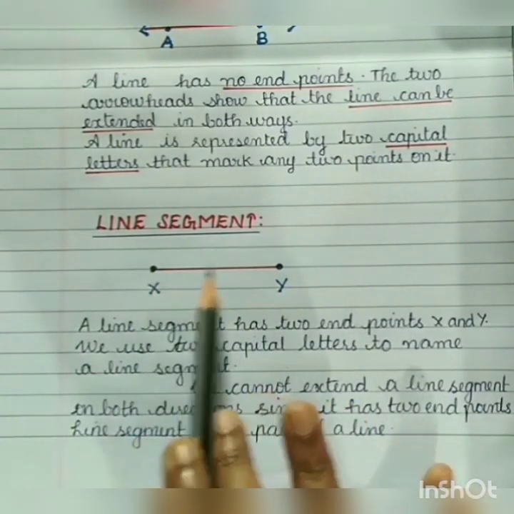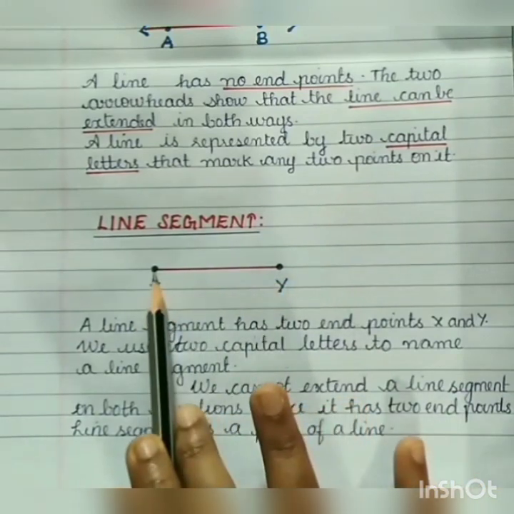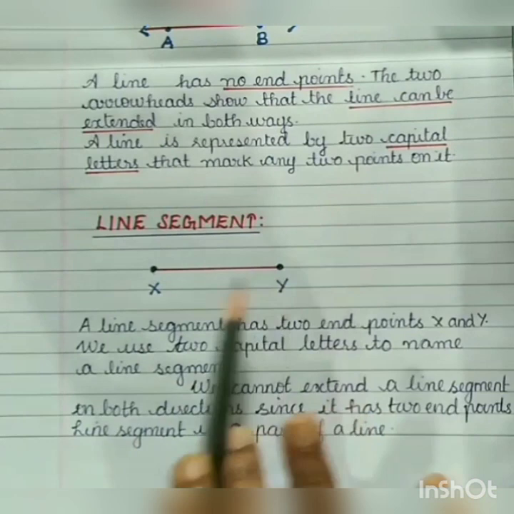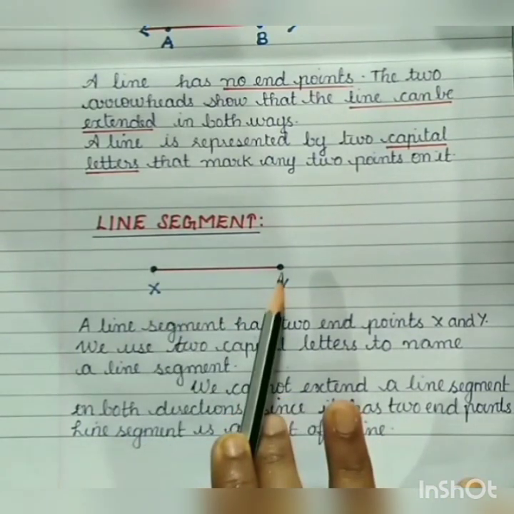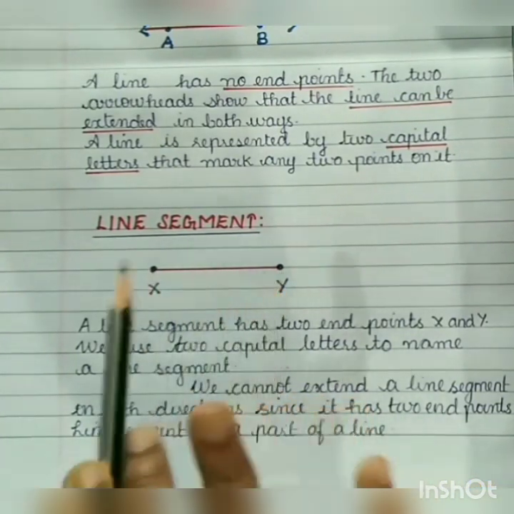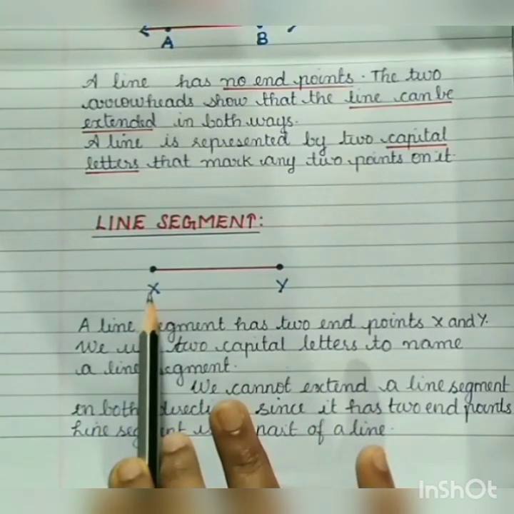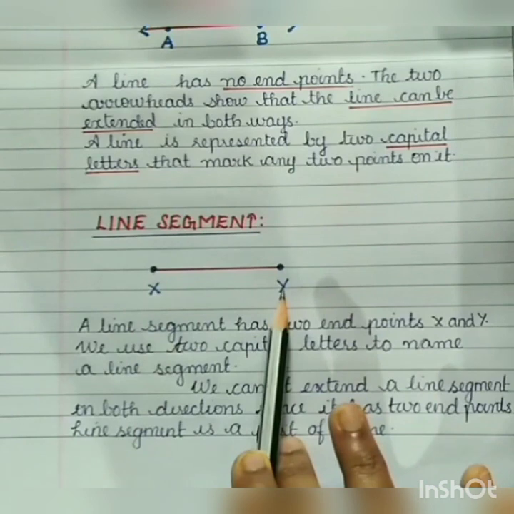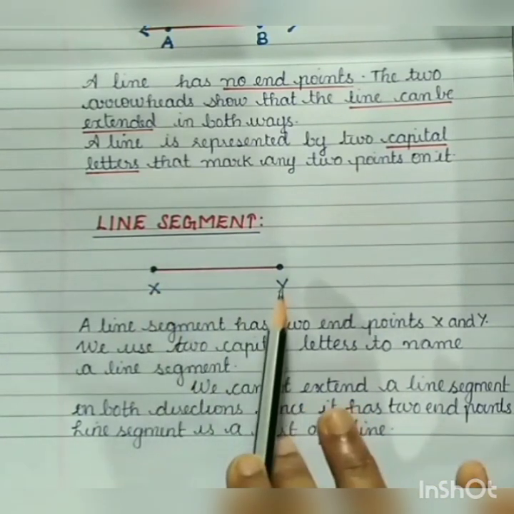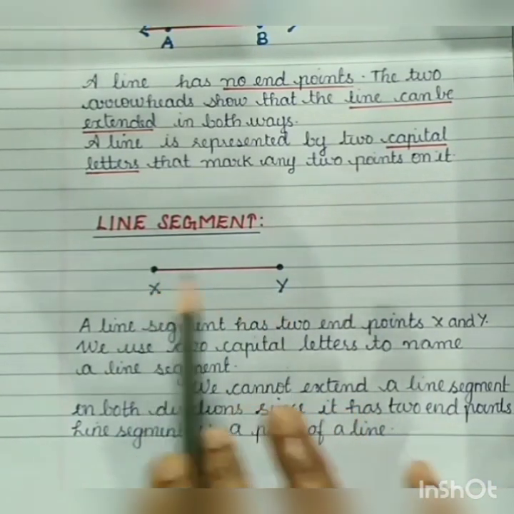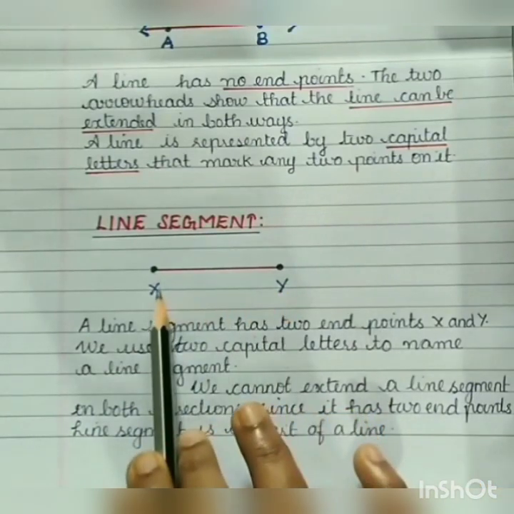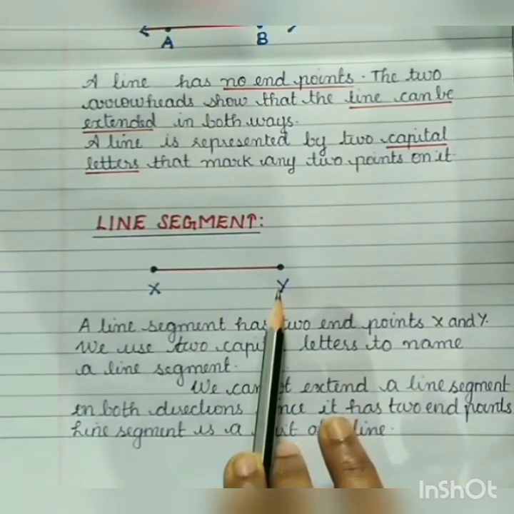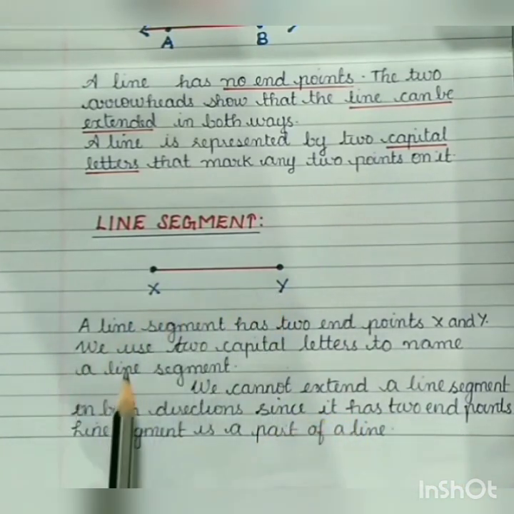So a line segment has 2 endpoints, and the endpoints are X and Y. Notice that we use capital letters to represent a line segment, X and Y. So the line segment is XY.